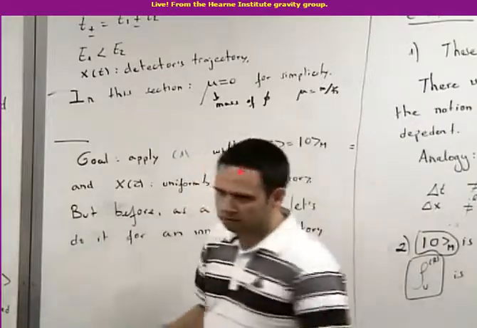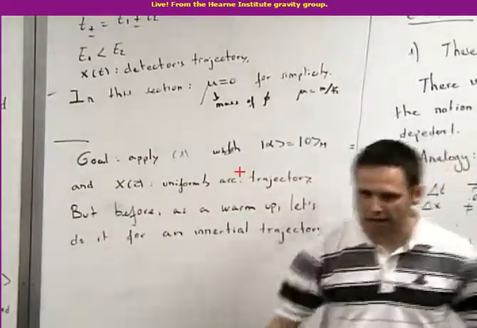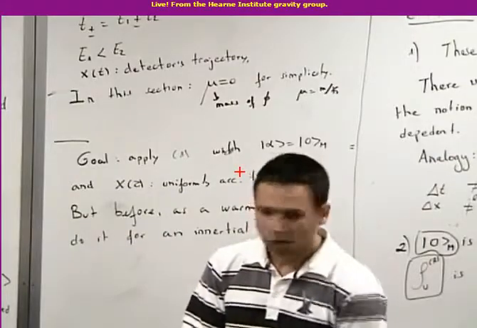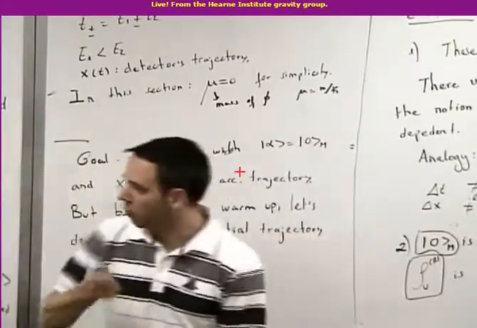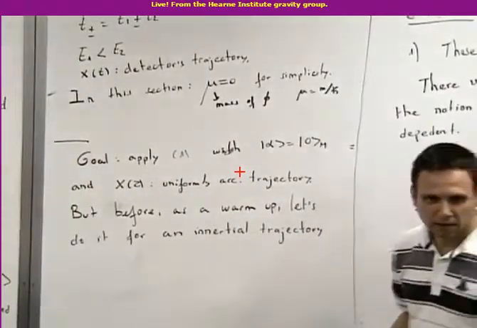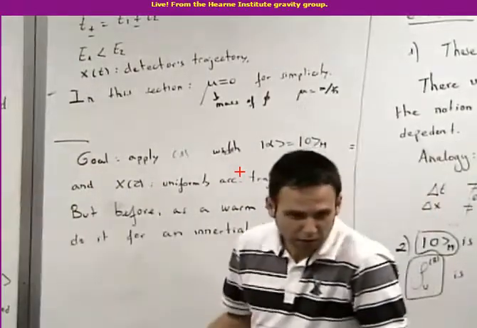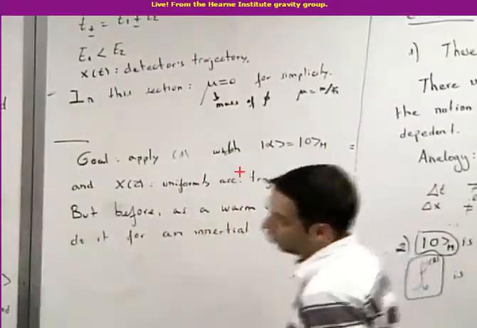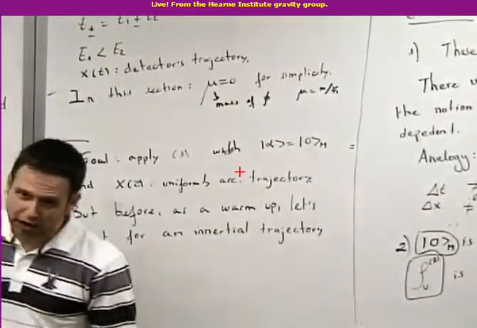So the state is the Minkowski state, and I have a detector in my hand, and I am just an inertial observer. So I want to know what my detector will measure. Of course, you know what the result is. It's going to measure nothing, because the vacuum is the same as the vacuum, but it would be interesting to see what is the probability of excitation and of de-excitation.